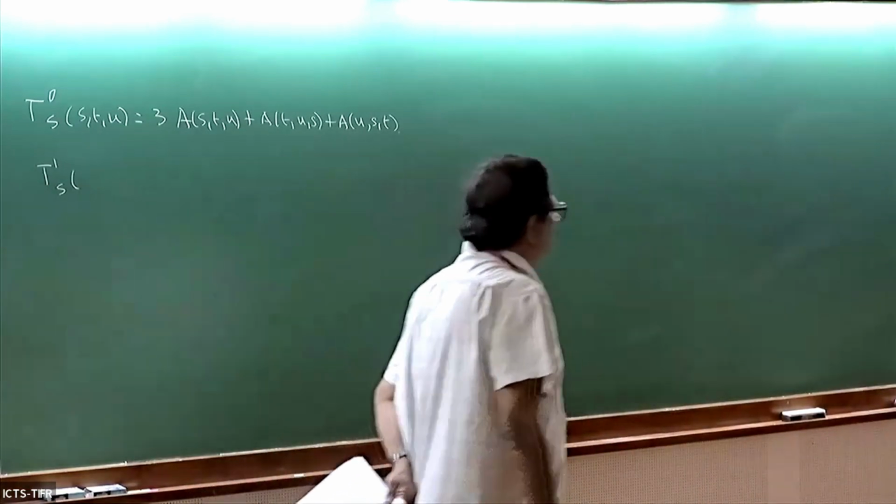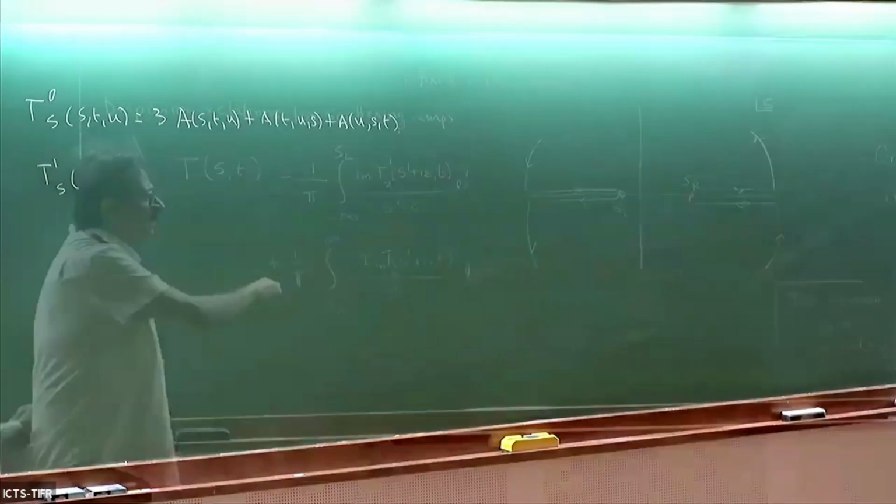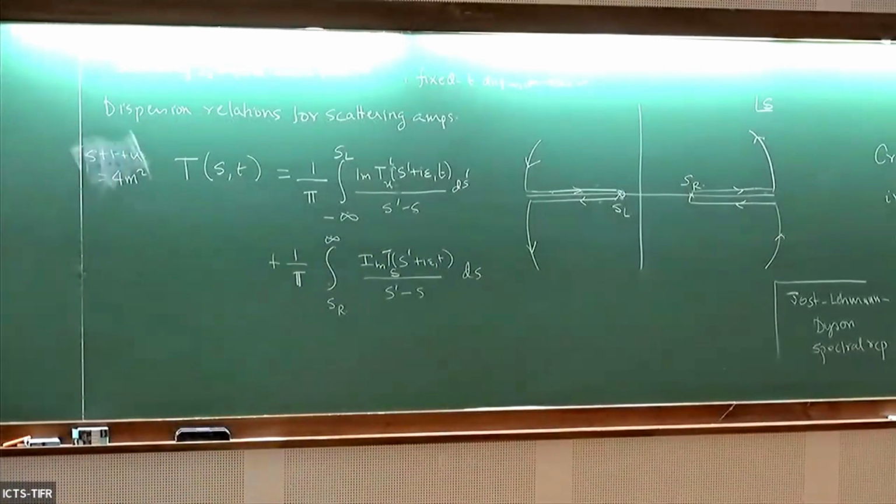So the question is, what is the corresponding bunch of imaginary parts appearing on the right-hand side? Because one of them happens to be in the S channel, another is in the U channel. And this is an example of an unsubtracted dispersion relation. Life is going to become more complicated when you have to bring in subtractions also.